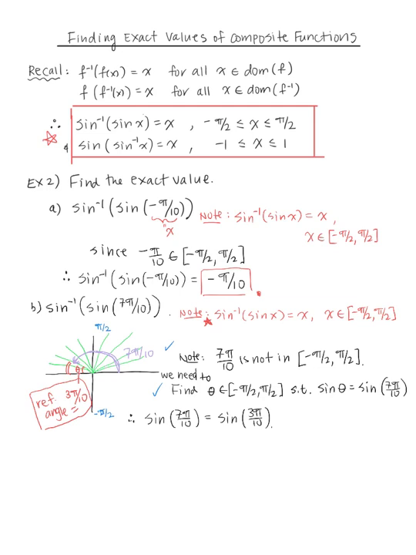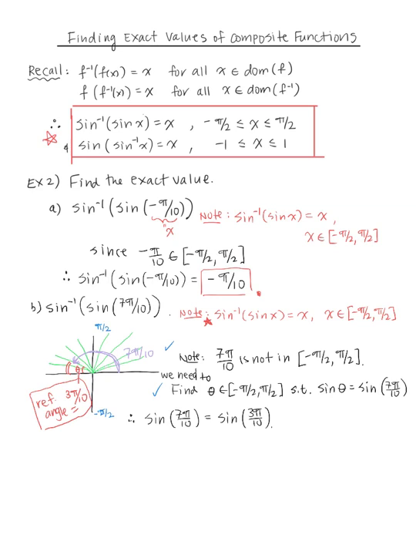Okay, now we need to check if 3 pi over 10 is inside of negative pi over 2 to pi over 2. In this case, I believe so, because if I take 3 pi over 10, look at the green grid that I drew. You're going to take the first 3 pieces of it, which lies in quadrant 1, which means that 3 pi over 10 is between negative pi over 2 to pi over 2.